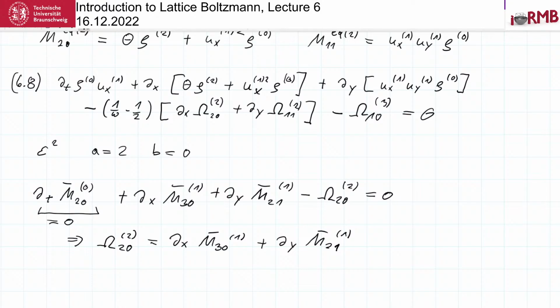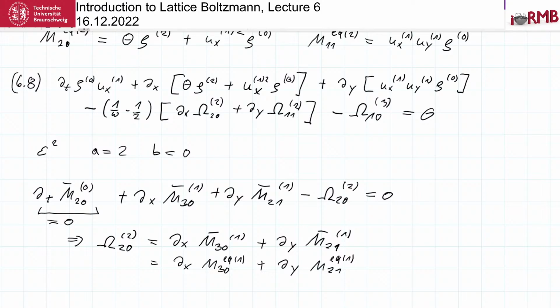When the collision operator to order 1 is 0, then any moment to first order will have its pre-collision and post-collision values equal. Because they don't change in collision. And they only don't change in collision in a BGK operator if they are equal to their equilibrium. So this is why we can write that this is dxm30 equilibrium first order plus dy m21 equilibrium first order.